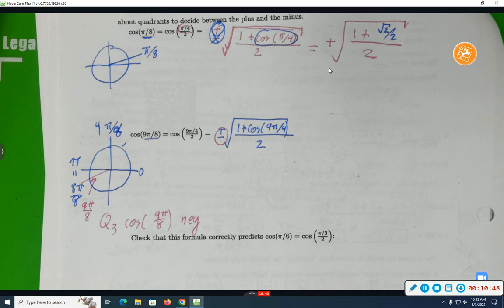Should I talk through the simplification? Let's prompt some ideas together. I see 1 plus a fraction in the numerator of this fraction. How would you simplify 1 plus that fraction?